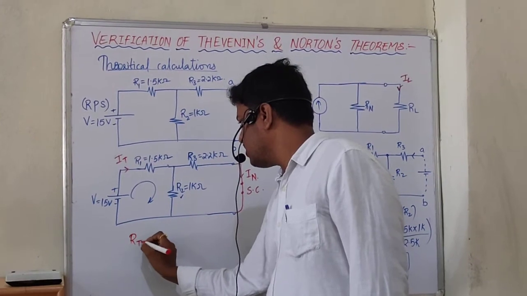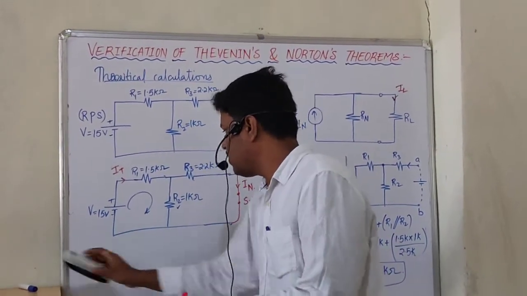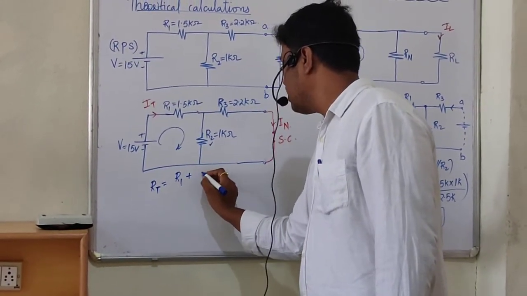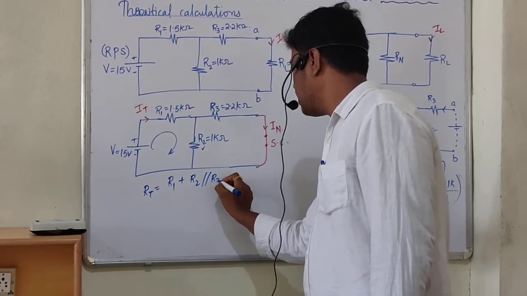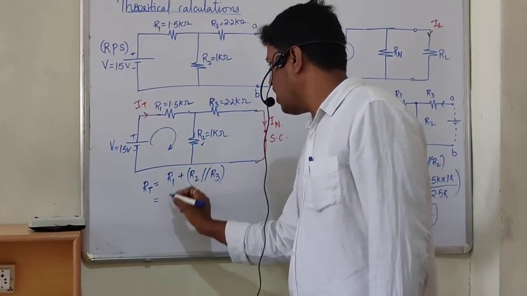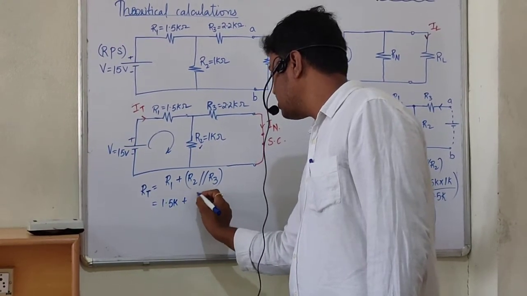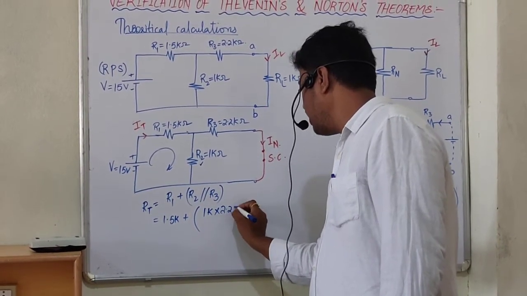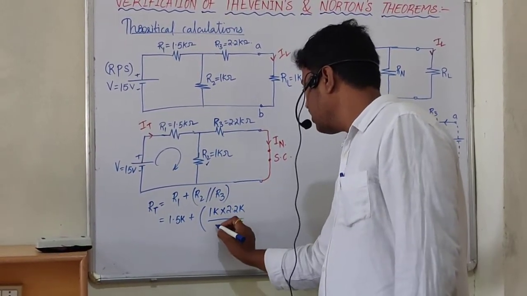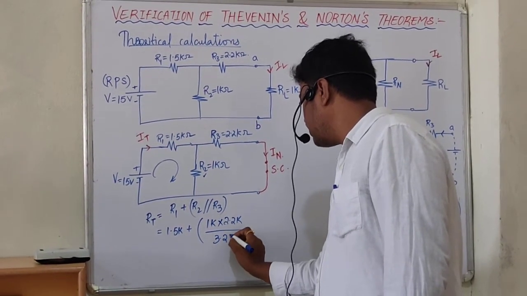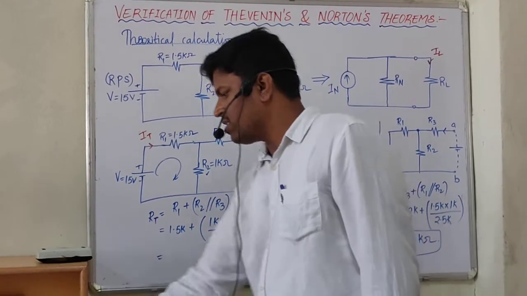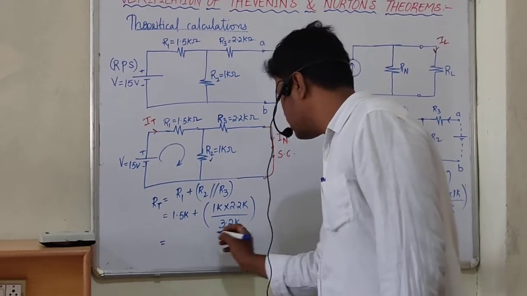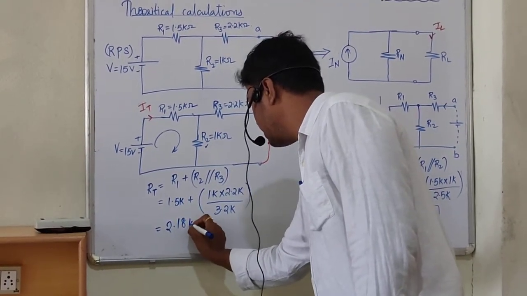So total resistance RT is equal to R1 plus R2 parallel with R3, which is equal to R1 1.5K plus R2 value 1K into 2.2K by 3.2K. So we will get total resistance around 2.18 kilo ohms.